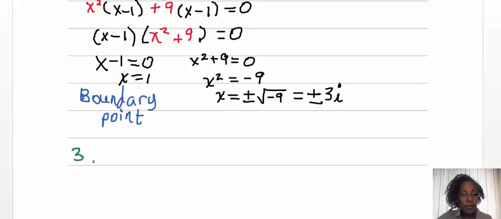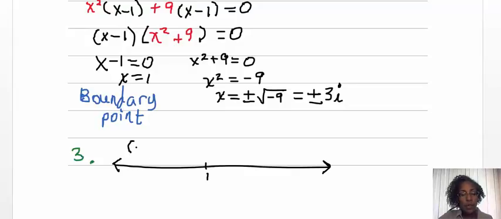So this is that third step. And we will divide this up into intervals around the boundary point. So this first interval is the interval from negative infinity to 1. The second interval is from 1 to infinity.